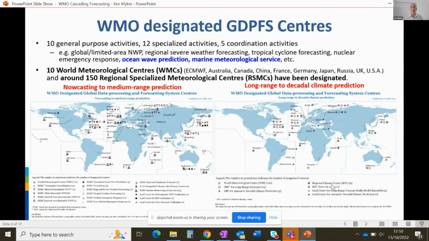There are 10 World Met Centres, all of which have global forecasting capabilities, and then around 150 regional specialised Met Centres, which have been designated. The map on the right is for long-range forecasting. The one on the left is for nowcasting to medium-range predictions. That's the more relevant one.